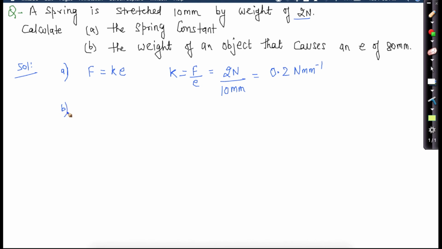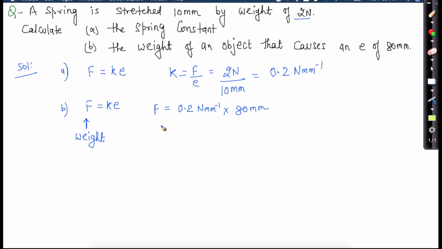Part B, they're asking for the weight. So you can use the same thing. F is equal to Ke. This force is basically a load or the weight. Here the value of K is known to us, which is 0.2 Newton per millimeter, multiplied by the extension, and extension here is 80 millimeters.